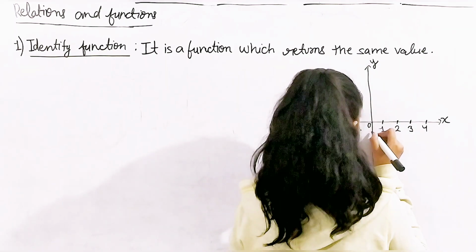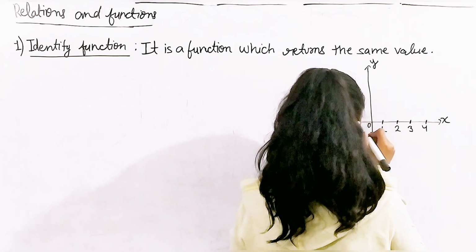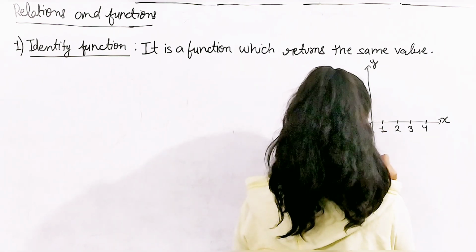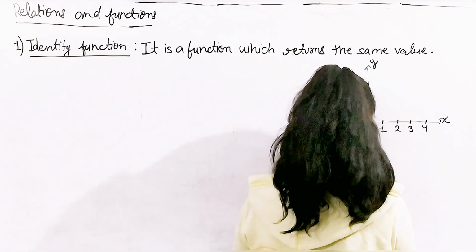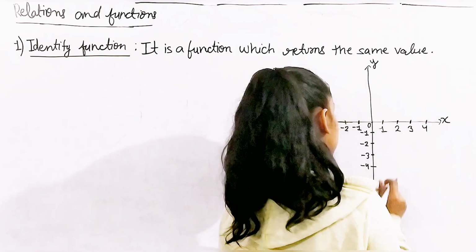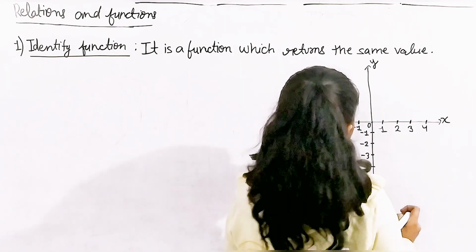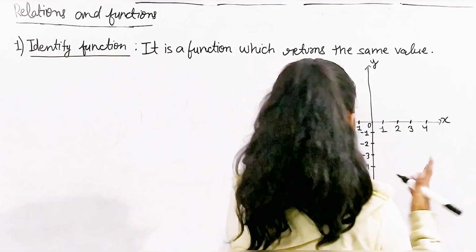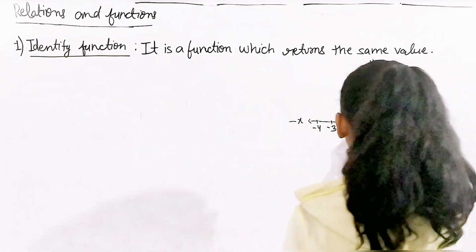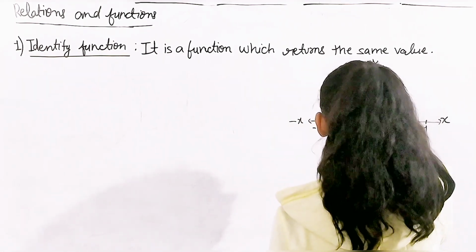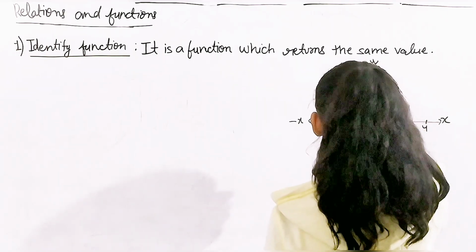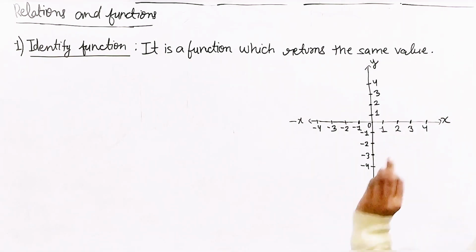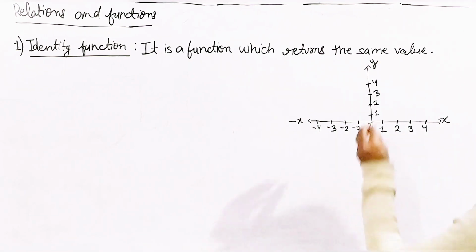And here we're also going to write the same, negative 1, -2, -3, -4, and on the other axis 1, 2, 3, 4.